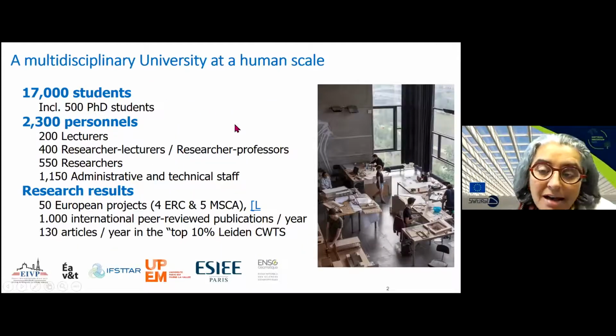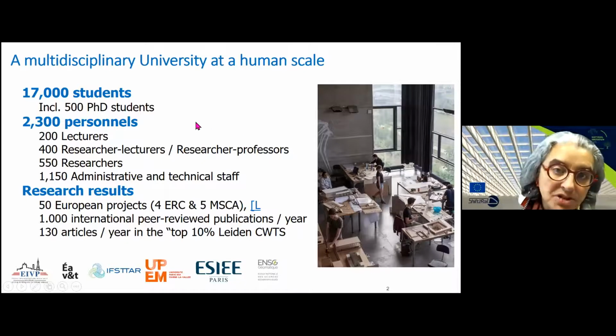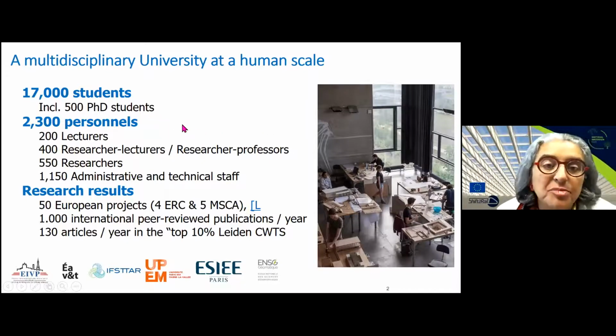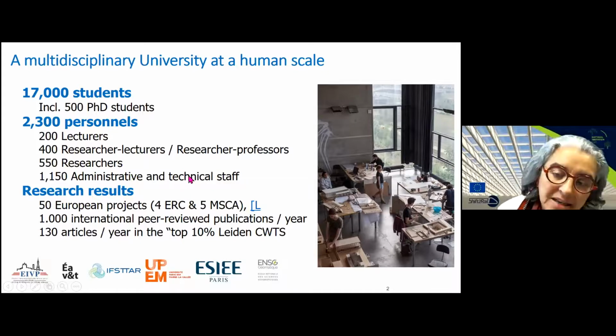So we have 17,000 students, including 500 PhD students, and 2,300 personnel, like full researchers, assistant professors, lecturers, and also an important administrative and technical staff. We are involved quite strongly in European and national research, and as you can see, we obtained 4 European research grants and 5 MSCA.